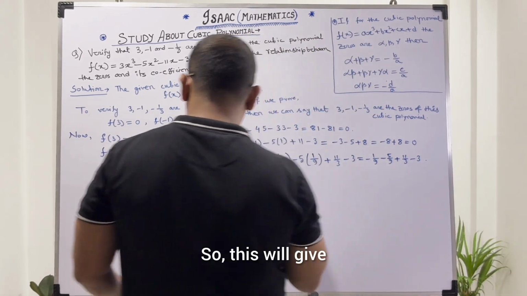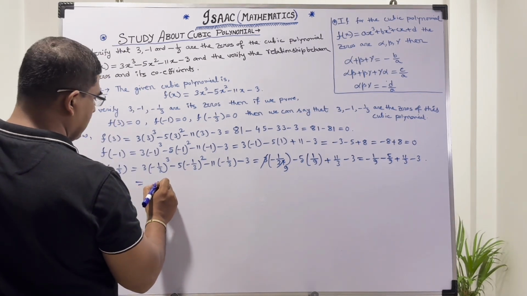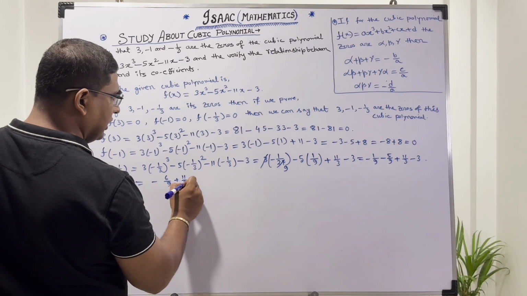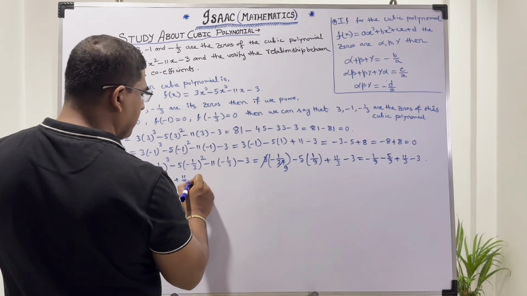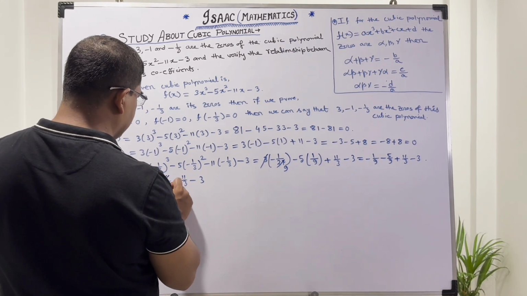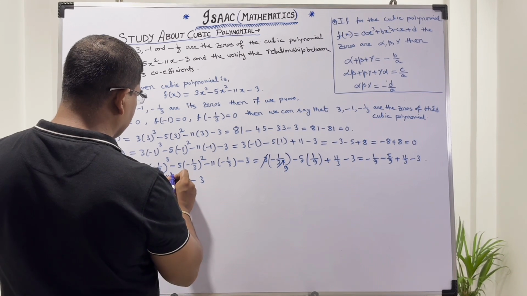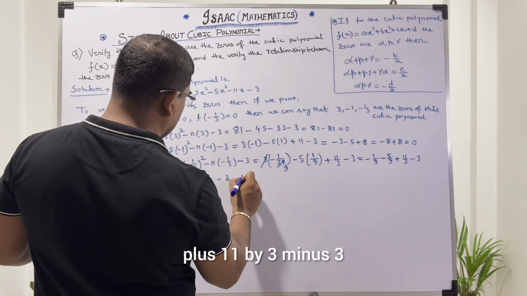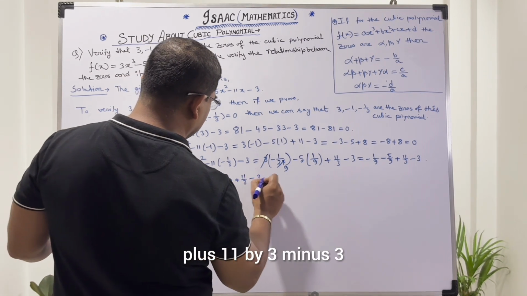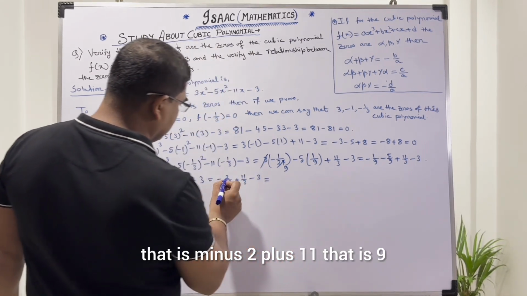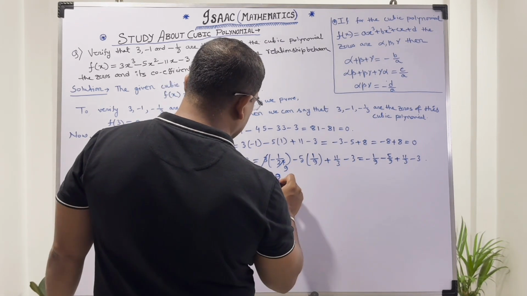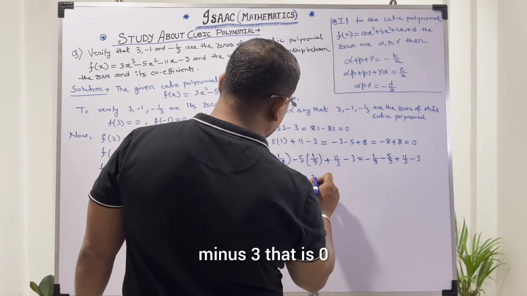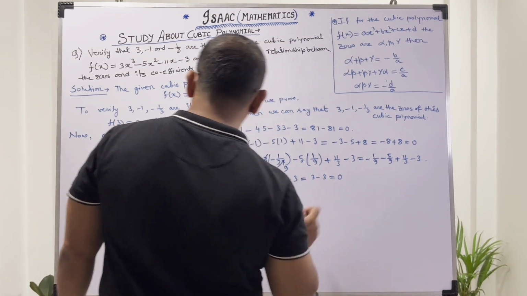So this gives minus 1 by 9 minus 5 by 9 plus 11 by 3 minus 3, which gives minus 6 by 9 plus 11 by 3 minus 3. That is minus 2 by 3 plus 11 by 3 minus 3, that is minus 2 plus 11, that is 9 by 3 minus 3. This gives 3 minus 3, that is 0.